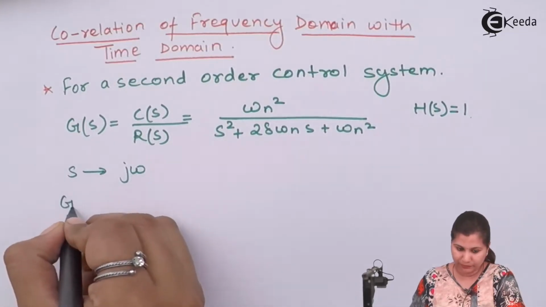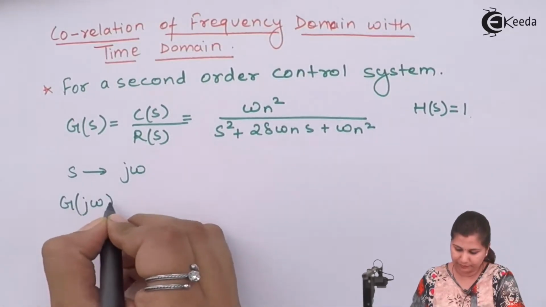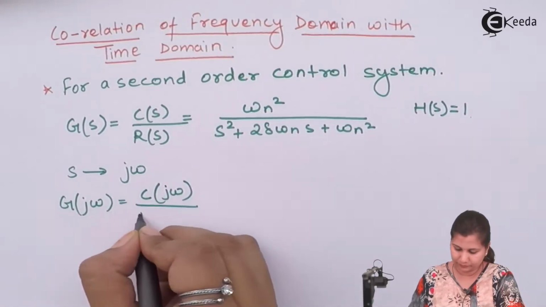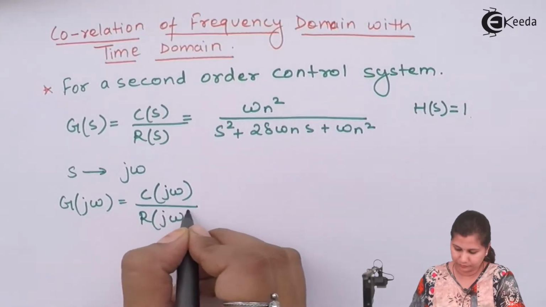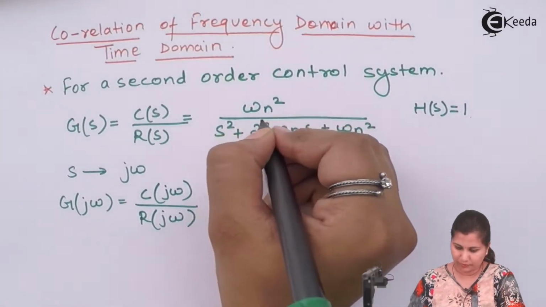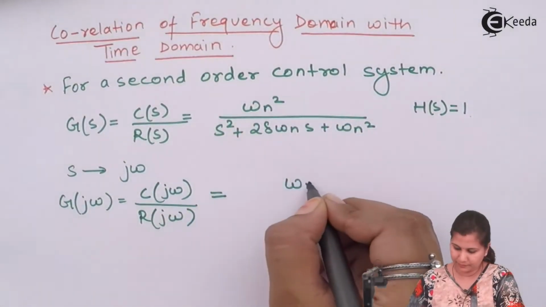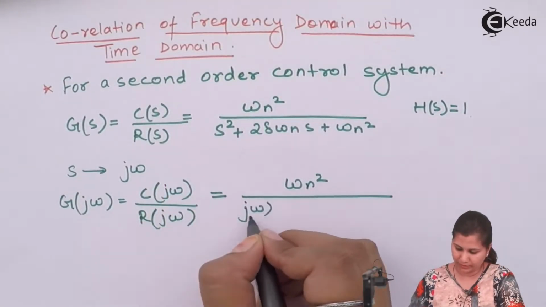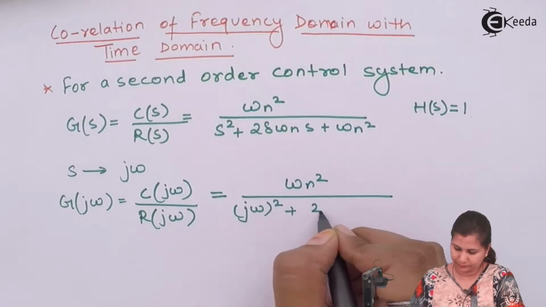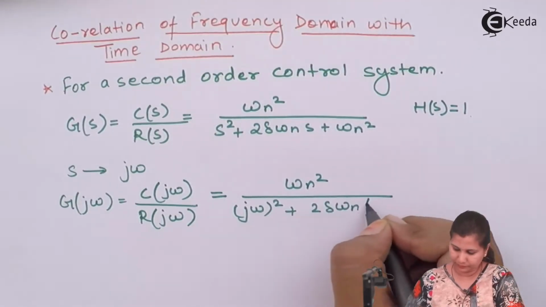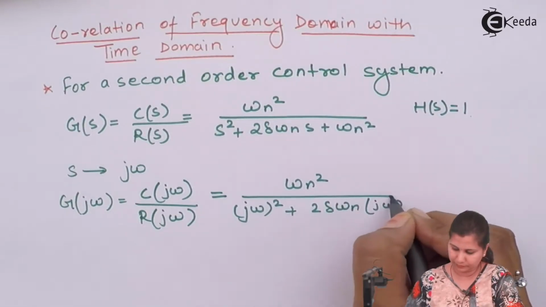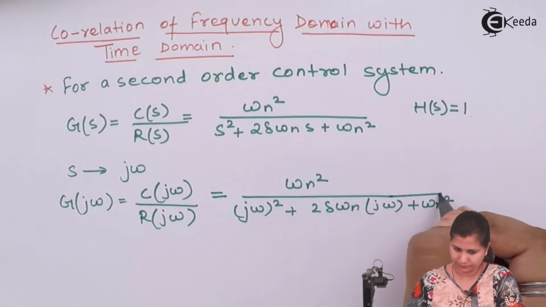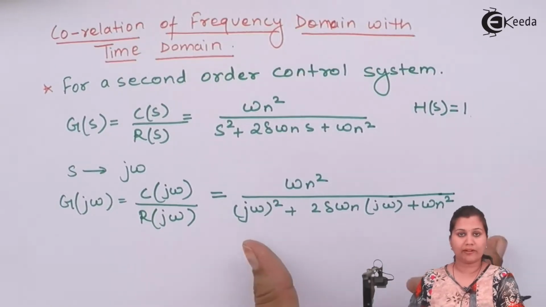So it will become G(j omega) equals omega n square, with s replaced by j omega. So this we have got here.